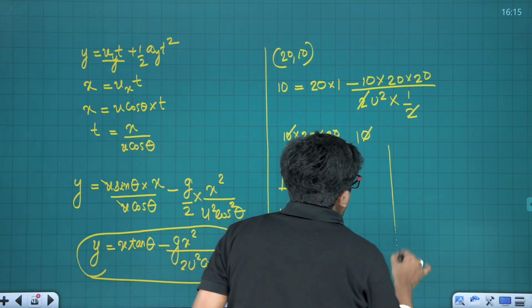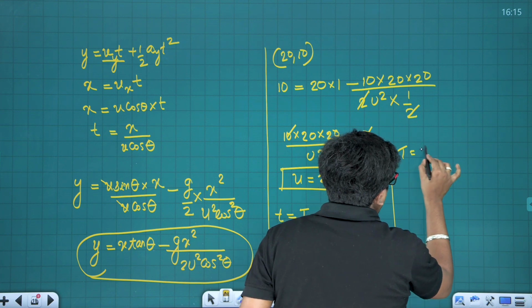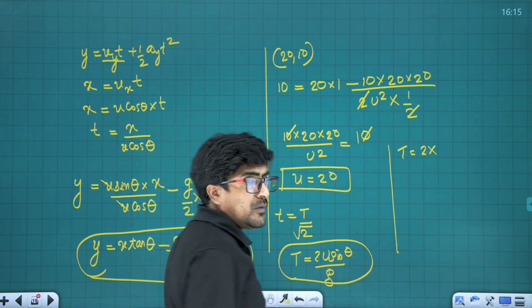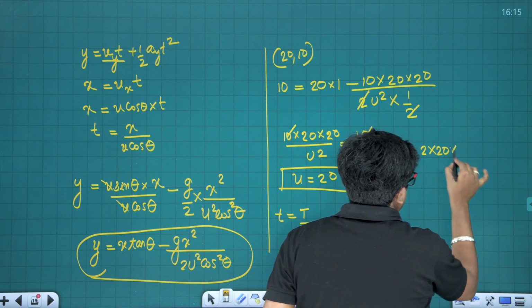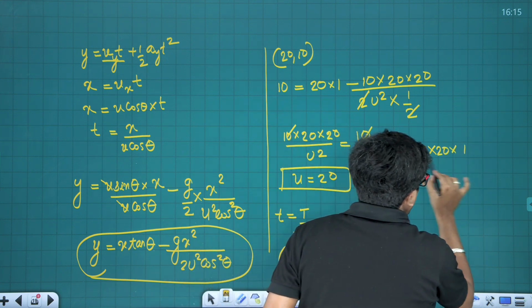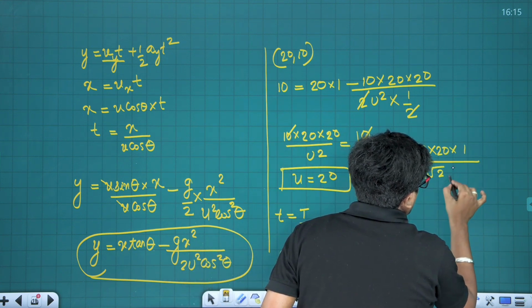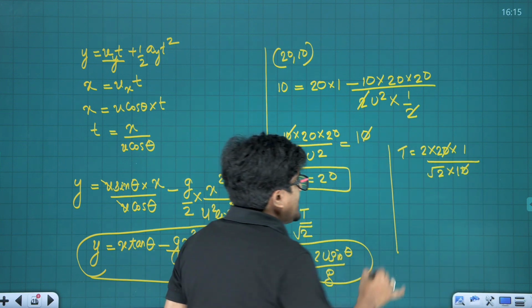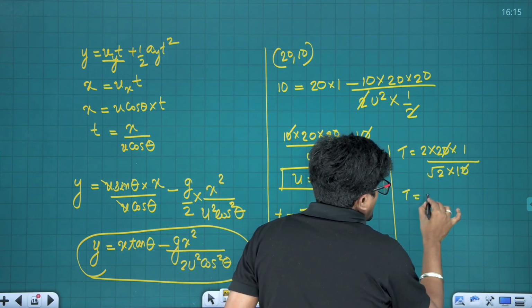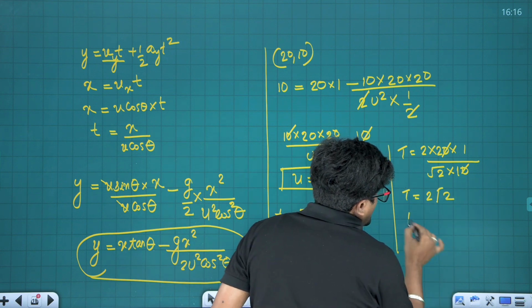Now capital T equals 2 into, what is the u value we got? We got it as 20, into sin theta means 1 by root 2, into g can be taken as 10. Here this one and this one will cancel each other. So capital T is coming as 2 root 2. And what was small letter t?